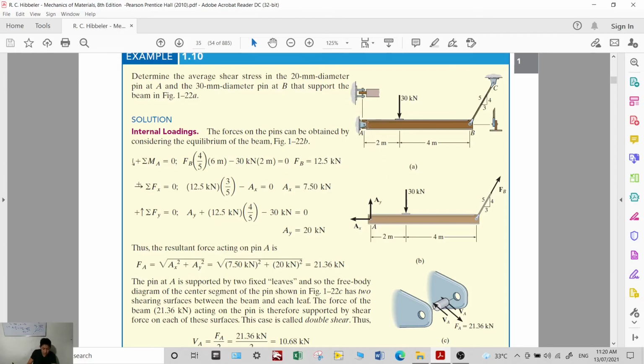Because this is the force experienced by your pin: the reaction of your support pushes against what is loaded on the pin. So we get the value of A by taking the square root of the sum of squares: 7.5 squared plus 20 squared, square root, is equal to 21.36. This is the reaction at A.